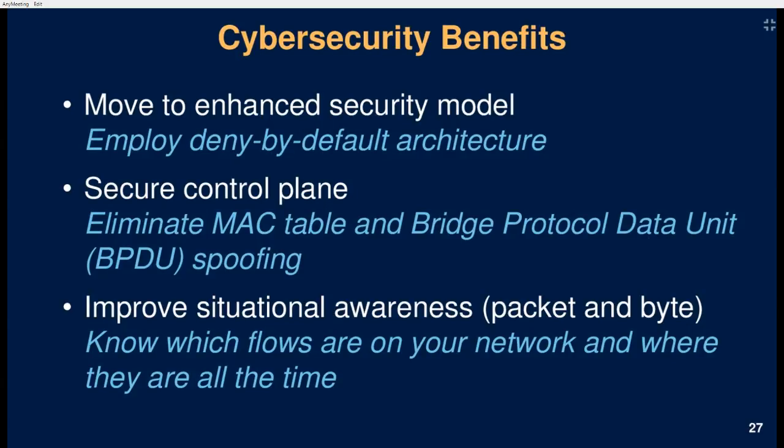It also eliminates the MAC table and bridge protocol data units spoofing, and it greatly improves the situational awareness, because if you make granular flows, you now know the number of packets and the number of bytes that have gone through a flow. This becomes very, very powerful in that machine-to-machine traffic in an OT system.